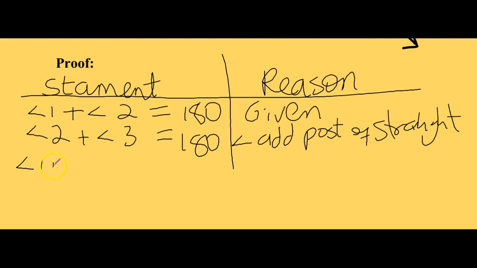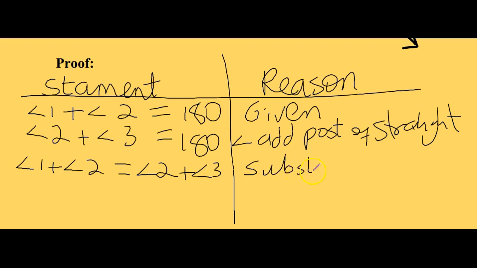Therefore, angle 1 plus angle 2 would equal angle 2 plus angle 3. Because if we substitute 180 for angle 1 plus angle 2 and for angle 2 plus angle 3, we use the substitution property.